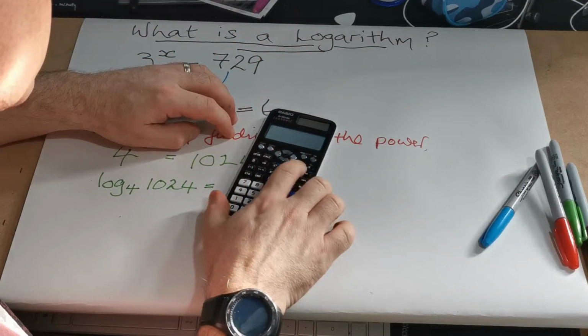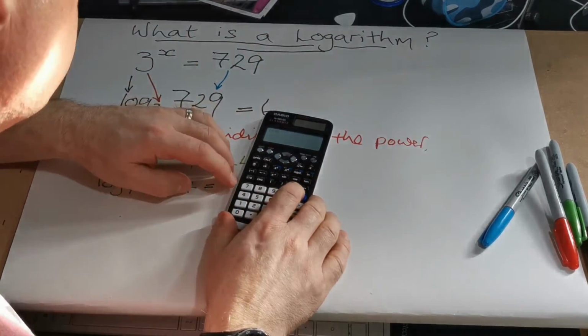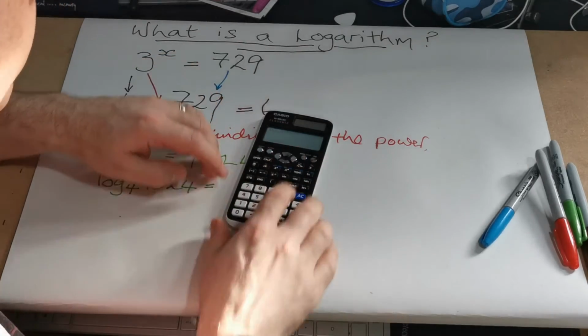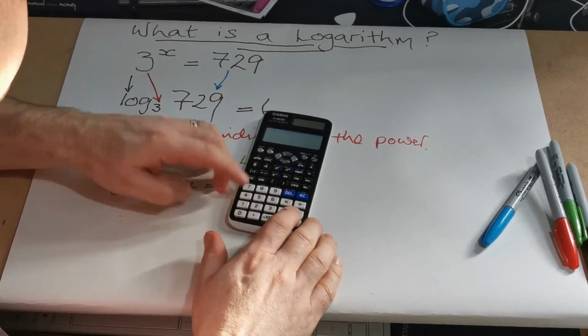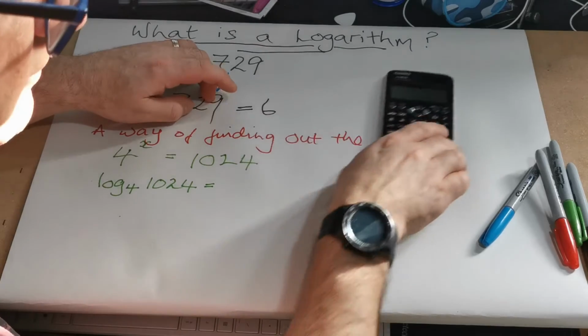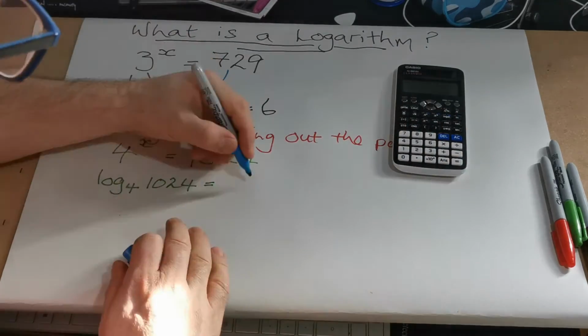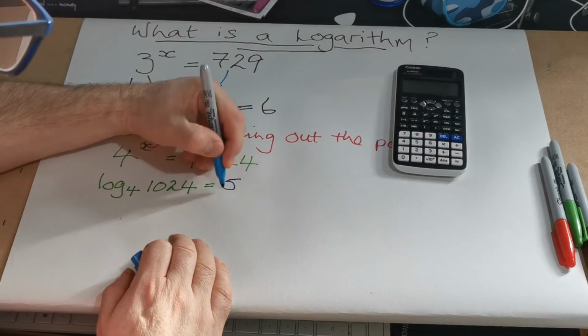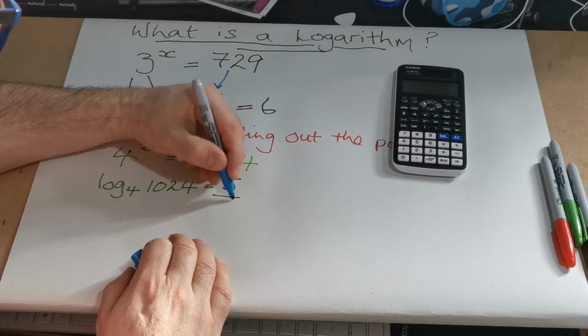So log to the base 4 of 1024 equals 5, because 4 to the 5 does equal 1024.